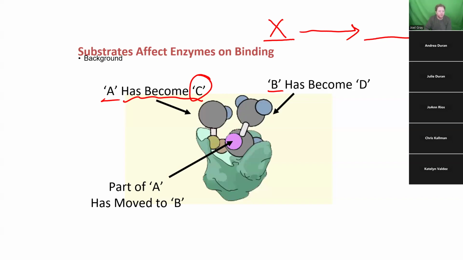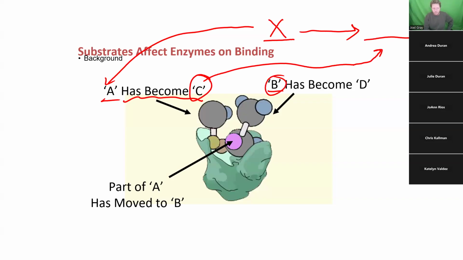Okay, so if A was our substrate, that's similar to being a reactant. So then what is C? C is a product. B is also a reactant.